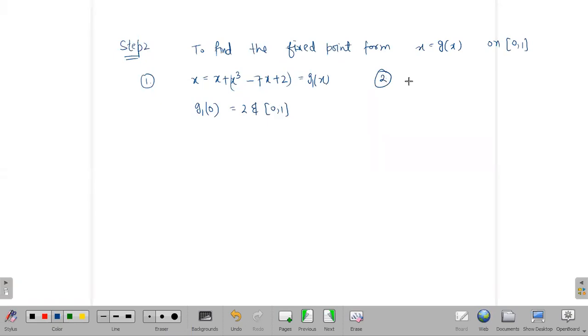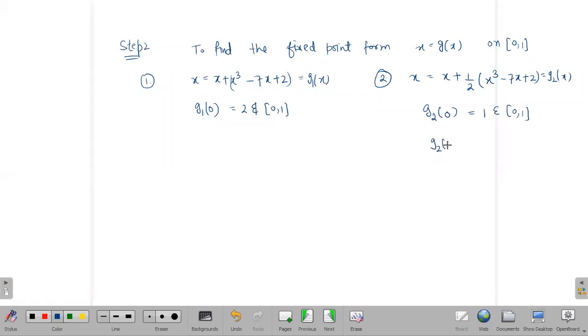And if I take another, you can take x plus any other value also, x cube minus 7x plus 2. If I take it as g2, let us find g2 at 0, because it is a continuous function. Let us find it at least at the end points of the interval. So g2 at 0 is equal to 1, and 1 belongs to 0, 1.